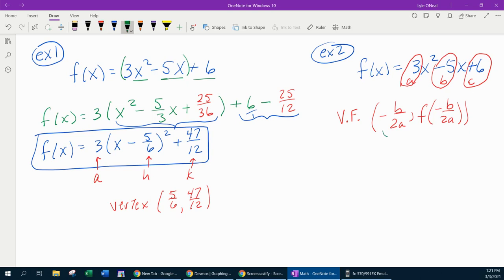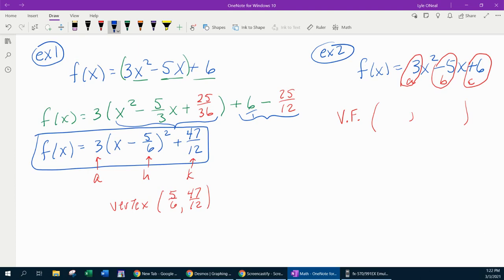So what we have here, this is the x coordinate of the vertex, and this is the y coordinate of the vertex. Whatever we calculate for the x coordinate, notice we're going to plug that into the function to get the y coordinate of the vertex. So minus b.